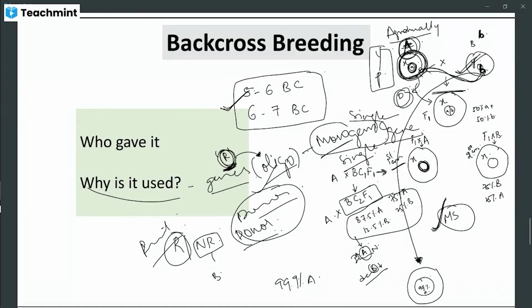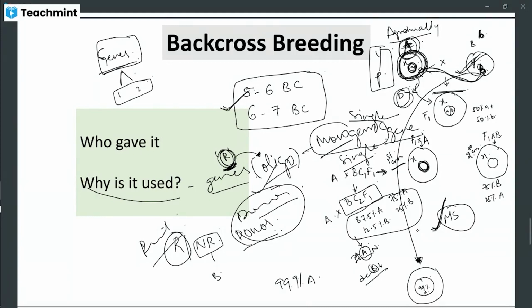Okay, right. So now we will see genes. How do you define the term gene? So how many alleles does a gene have? Two. One and two, so the alternative forms are your alleles.